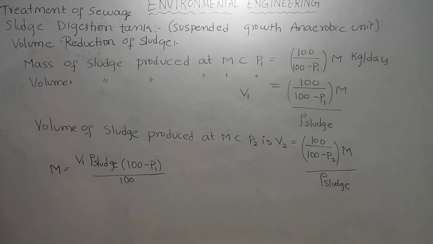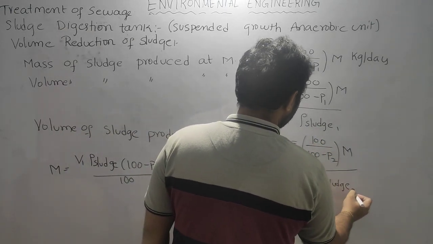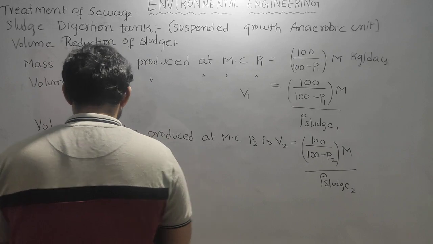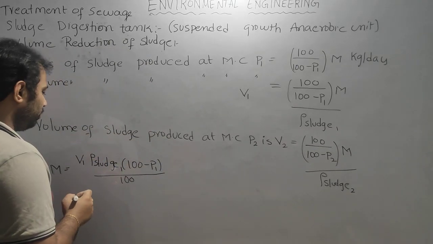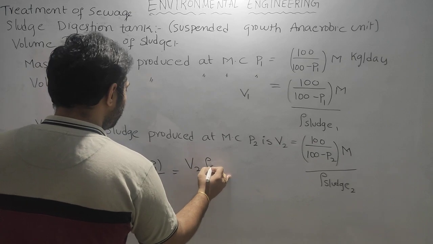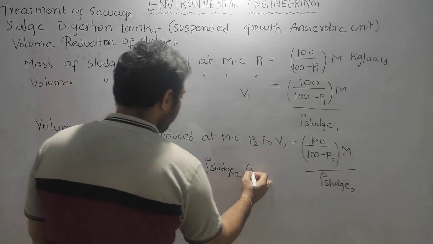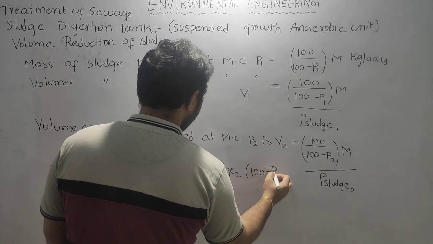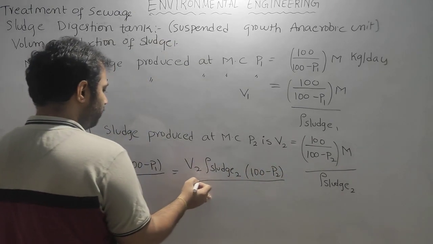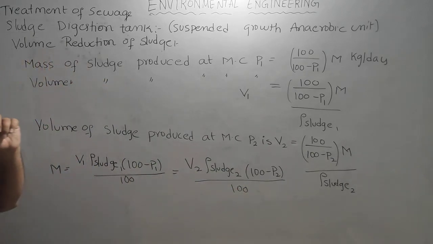Let us take this as rho of sludge 1 and let us take the other as rho of sludge 2, because the water is varying. Which is equal to V2 into rho of sludge 2 into (100 minus P2) by 100. So this is the relationship we got.